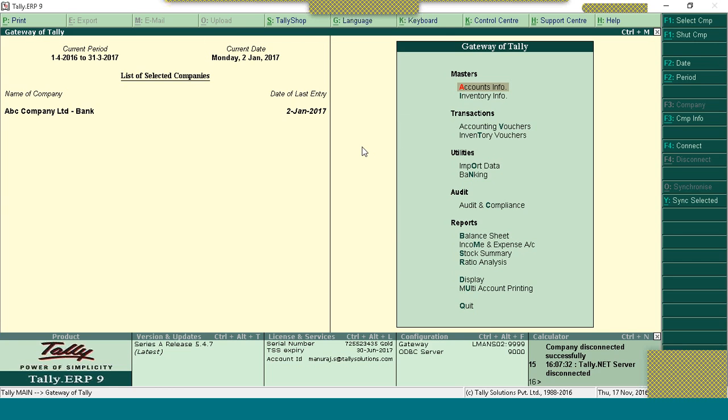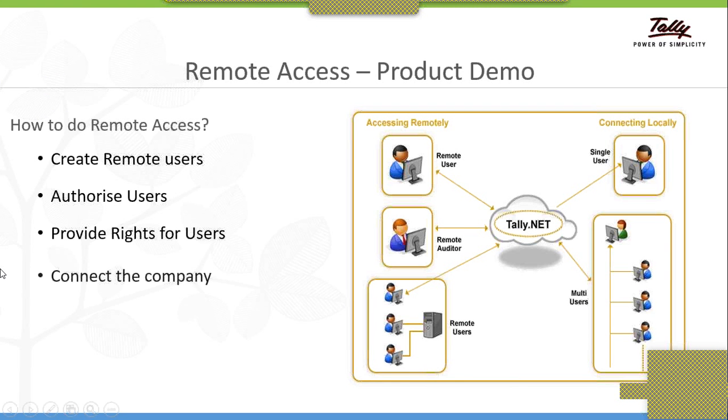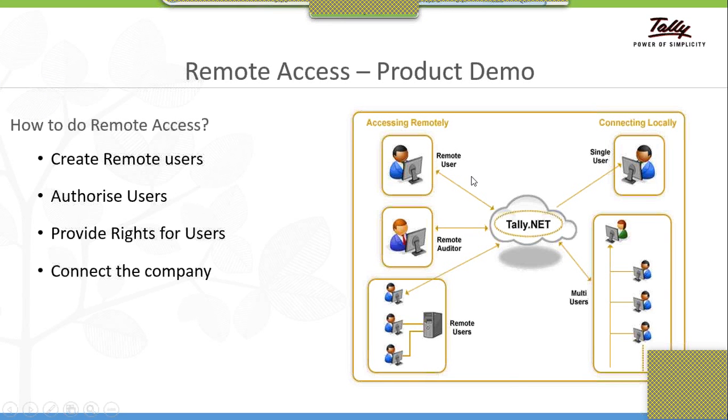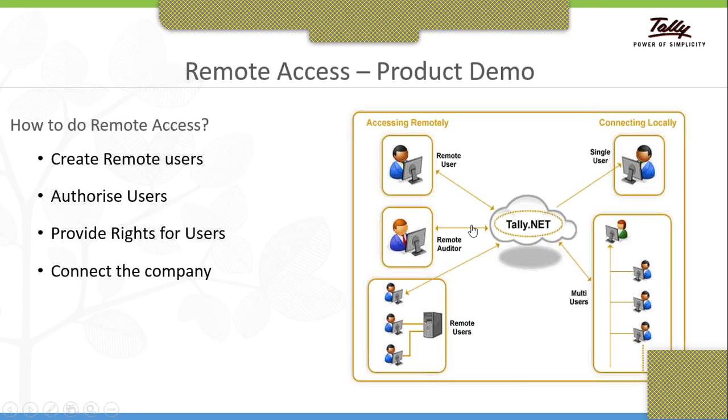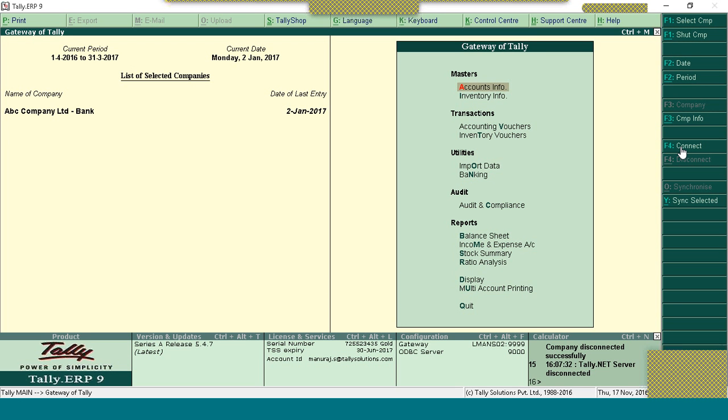Then the last step is to connect the company. So to connect the company, press F4. Internet is mandatory to connect the company, and a valid TSS should also be applicable to do remote access from Tally. So the company is connected remotely now.